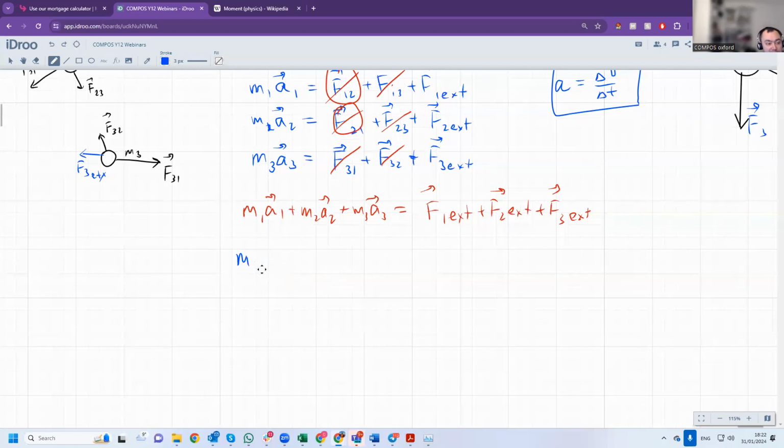So we can say this is change in momentum 1 divided by delta t plus change in momentum 2 over delta t plus change in momentum 3 over delta t, because change in momentum is equal to mass times change in velocity.